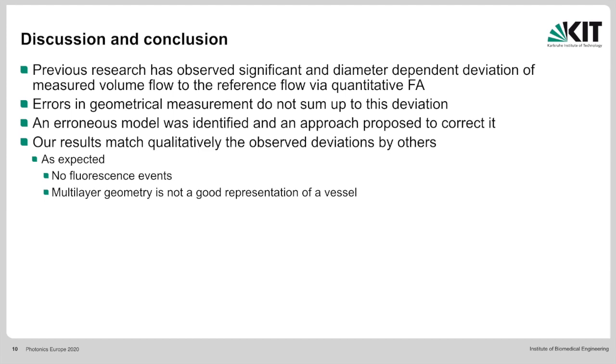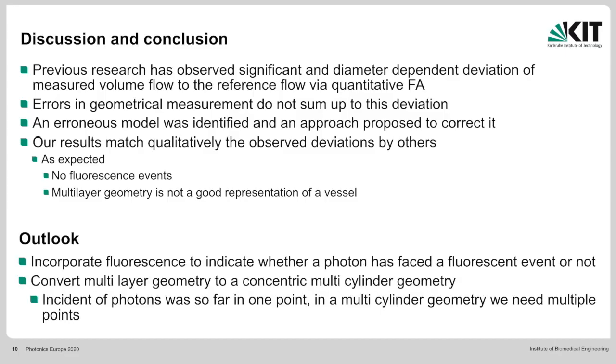But this is not really surprising due to two reasons. First of all, we have no fluorescence events incorporated in our model. And second of all, we have a multi-layer geometry, which is not a good representation of a cylindrical vessel. So this also leads to our outlook. We want to incorporate fluorescence in our model to indicate whether a photon has faced a fluorescence event or not.